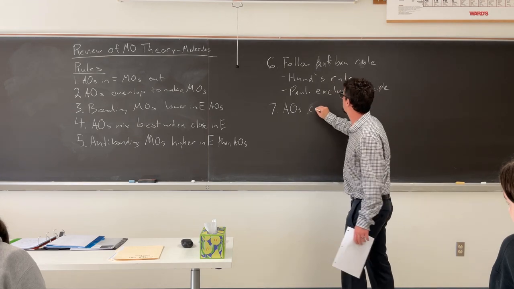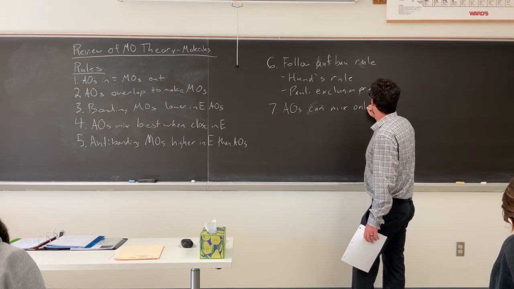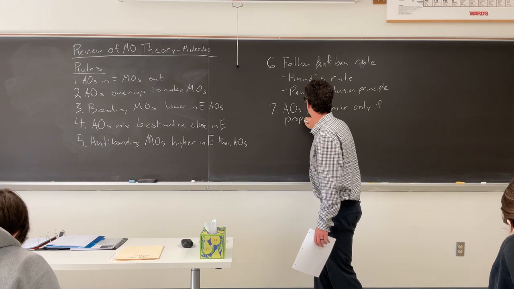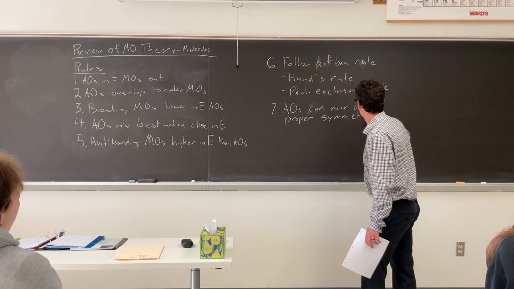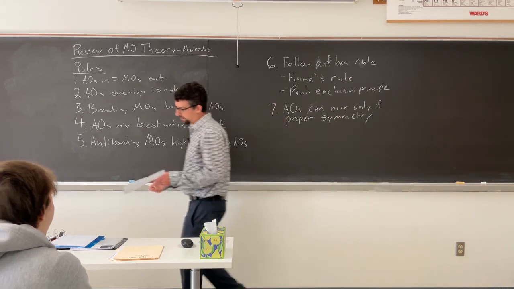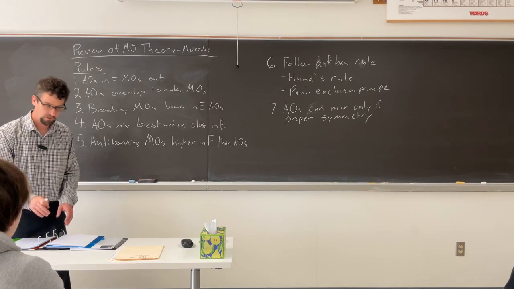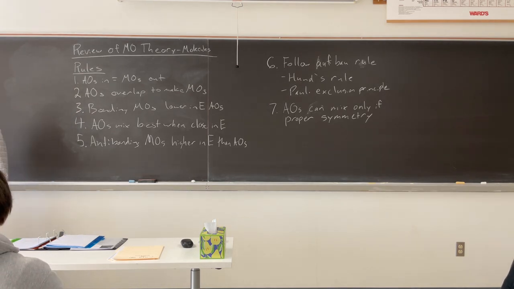Sorry, we're going to say can mix only if proper symmetry. So there's just some symmetry constraints that we're stuck with. Some functions just can't overlap because of that symmetry.